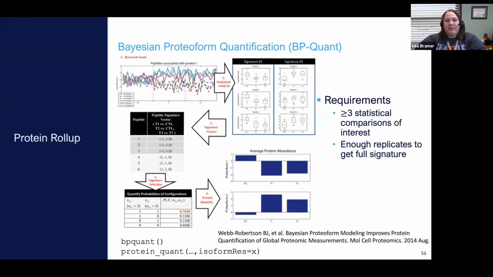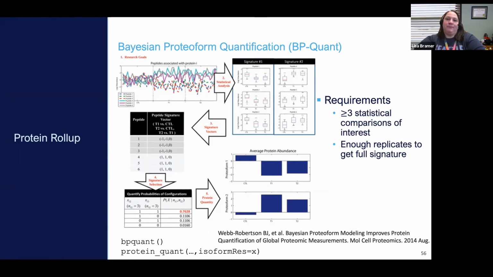So BP Quant is the algorithm that I mentioned. It has some key requirements. First of all, it requires that you have at least 3 statistical comparisons of interest, meaning you have at least 3 hypothesis tests that you're going after. And even though we have data with missing values, we need to make sure we have enough replicates that you can do all 3 quantitative comparisons.